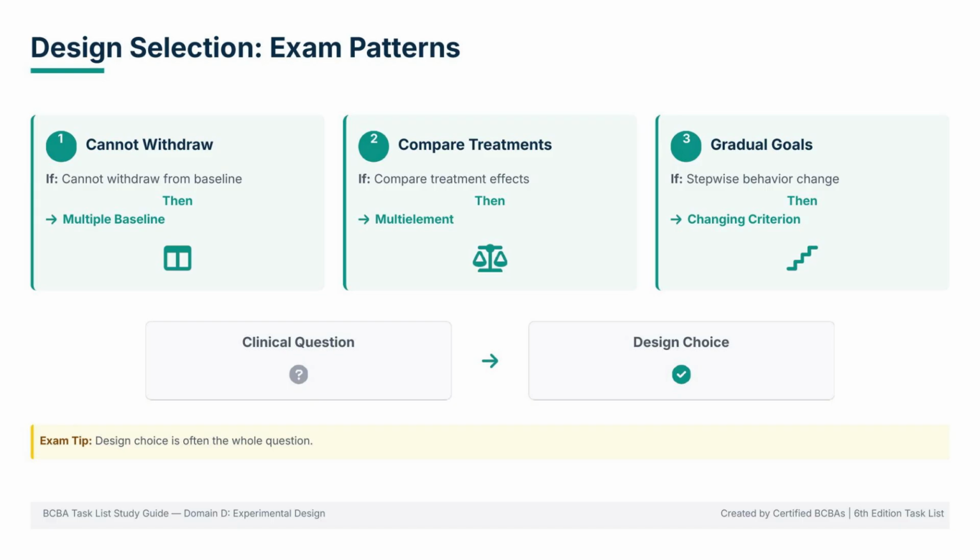It allows for rapid comparisons between conditions without the need to withdraw treatment. Gradual goals. If the question involves gradually increasing the target behavior, a changing criterion design is what you're looking for. This is perfect for cases where behavior must improve step by step. Choosing the right design is often the main point of the exam question.